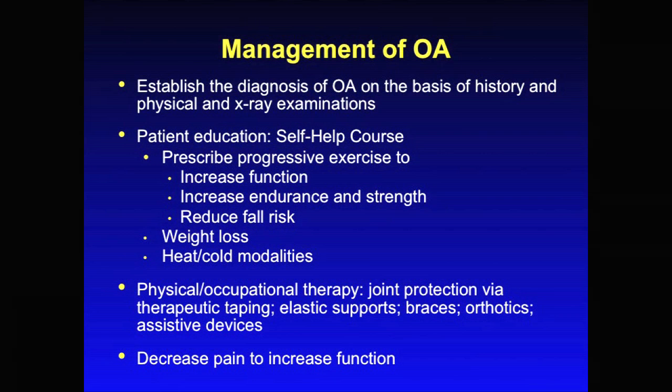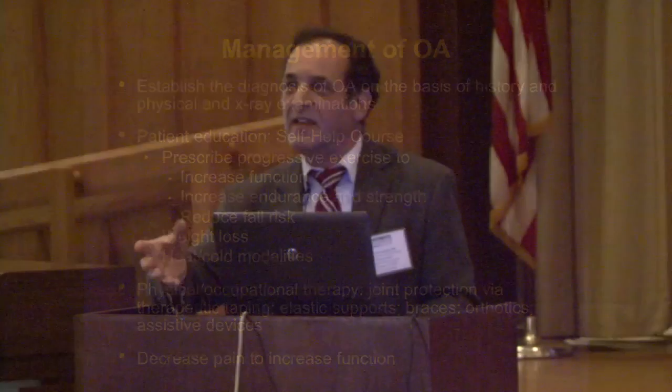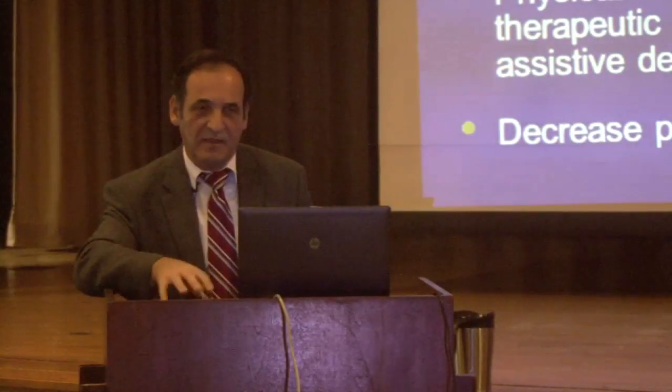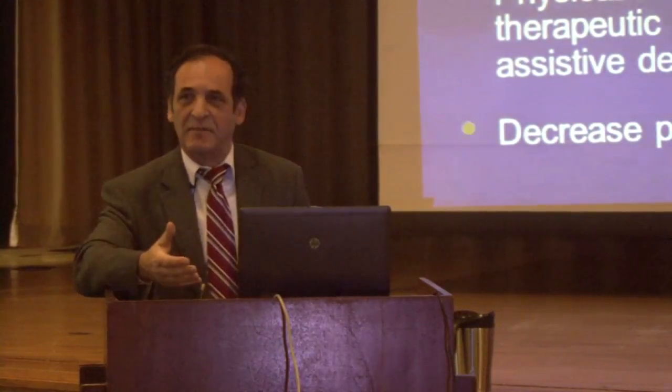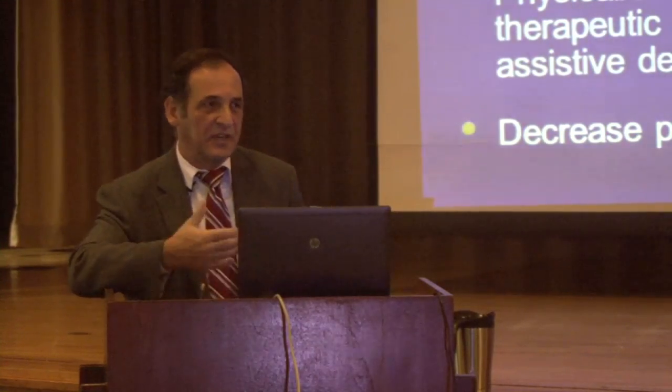There are really no laboratory tests that suggest a diagnosis of osteoarthritis. So that's one opportunity we don't have, but the lack of laboratory abnormalities helps us confirm that diagnosis.